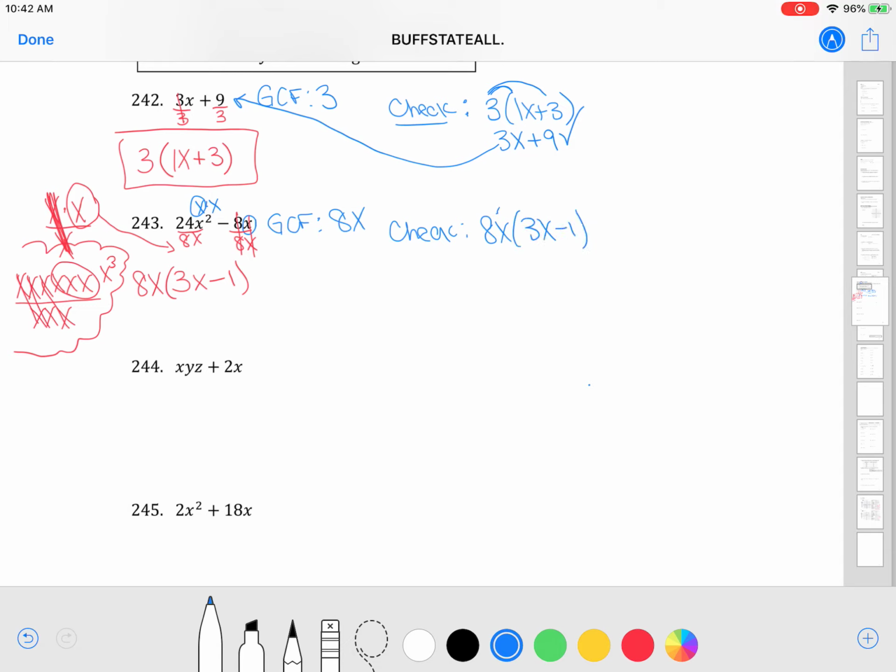When I distribute the 8x through to check it, 8x times 3x is 24x squared. If I didn't have that minus 1 there, I wouldn't end up with the minus 8x that I need to be here. So I absolutely need to have this minus 1 here so that when I distribute the 8x through, I can check this out. If it wasn't there, it wouldn't check.